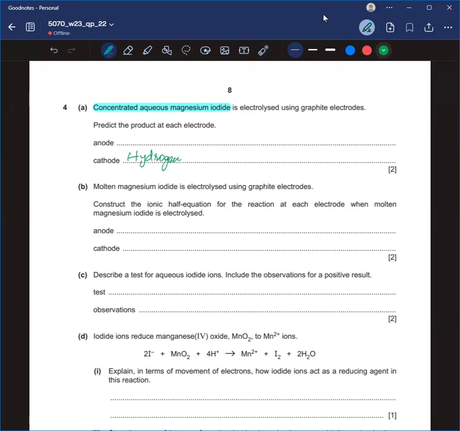And at the anode we'll have iodide, because it easily discharges, relative to OH, which further becomes oxygen. So here we'll write iodine.